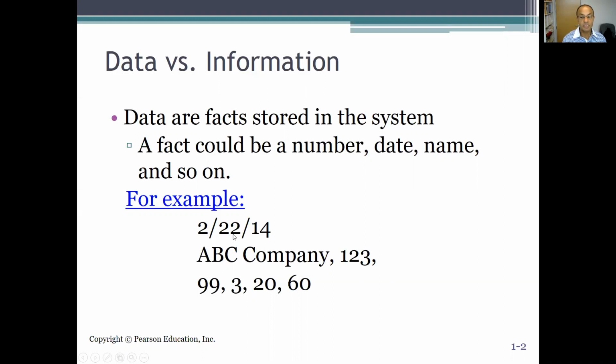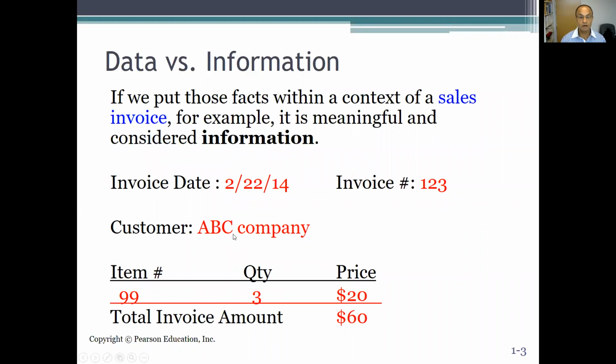But when we put this data in a general format like an invoice, where we can put the first one as a date, the second one as a number, the third one as a customer name, and the invoice detail, then we can tell that here the information can help the user of that invoice to make a decision. So our job in this course is to help you transform the data into valuable information.